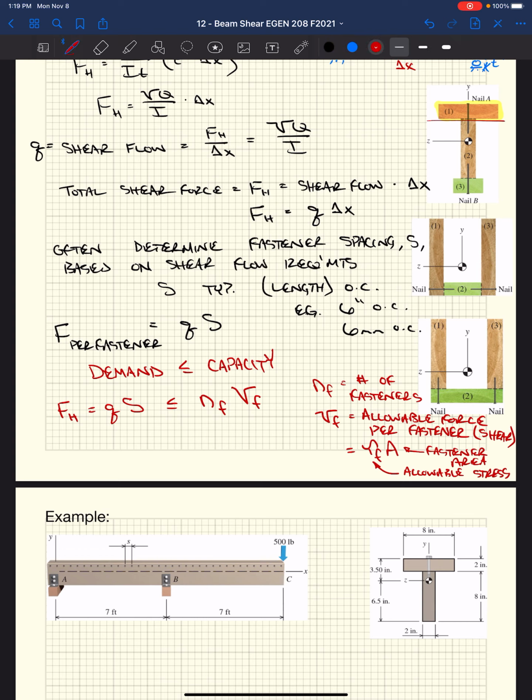If we started looking at some of these other ones, we might look at the material beyond our nails. Here we might be looking at the material beyond the nails, figuring out what Q is.